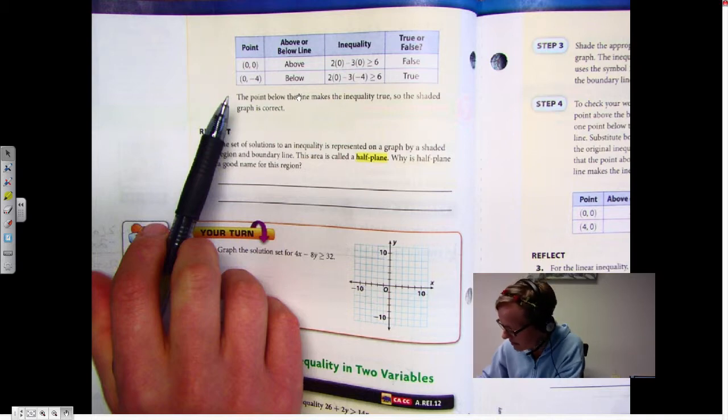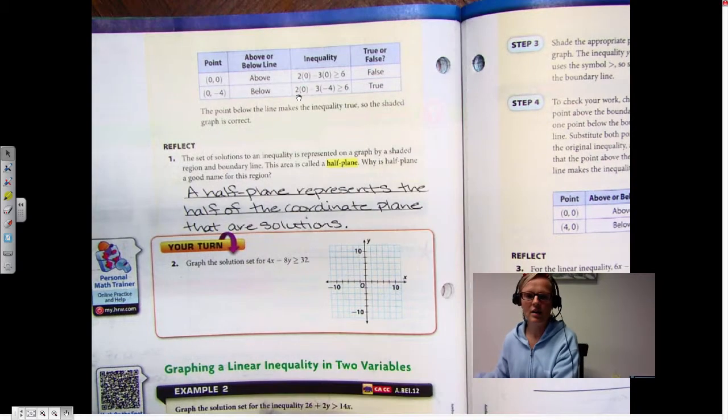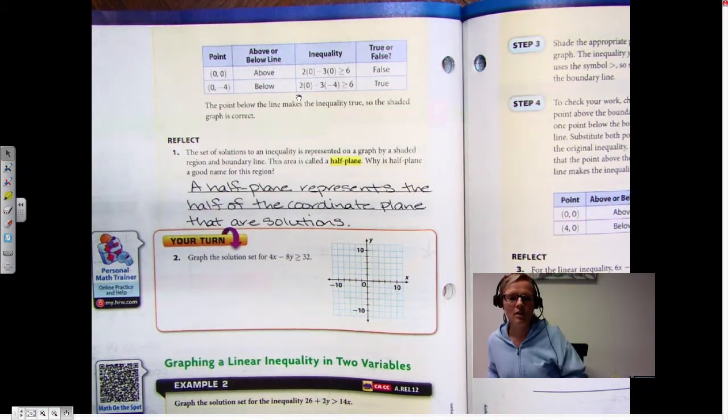So a half plane represents half of the whole coordinate plane. Okay, so either everything above a line or everything below the line.